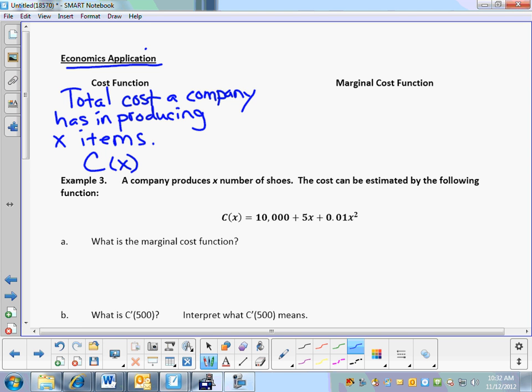Total cost a company has in producing x items, C of x. Okay? We're going to identify that as a cost function. In economics, something that's of great interest to them is the marginal cost function.